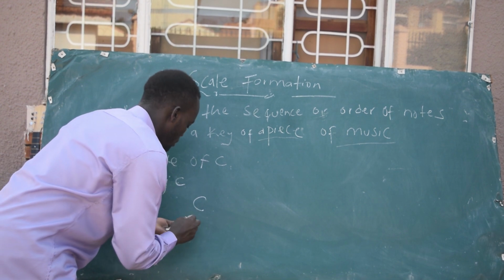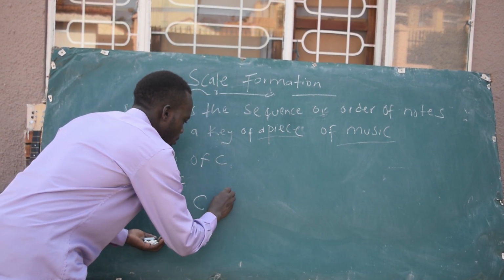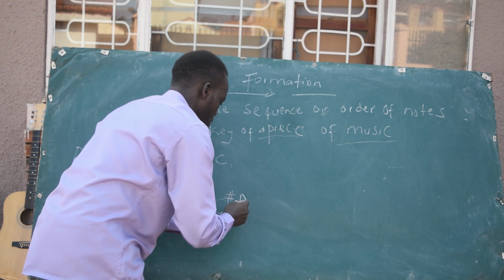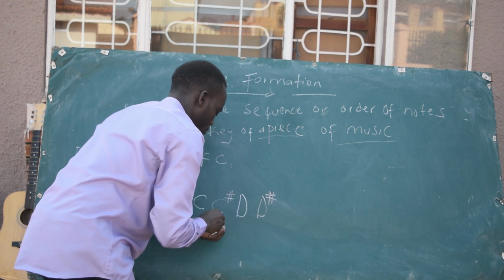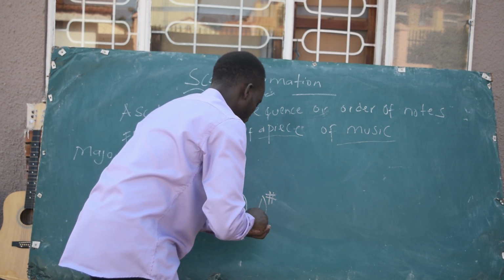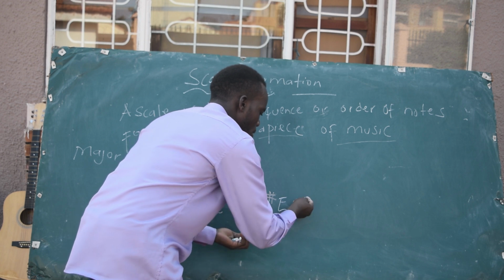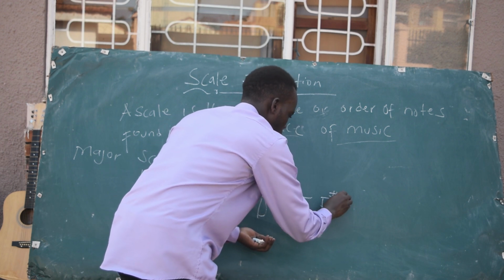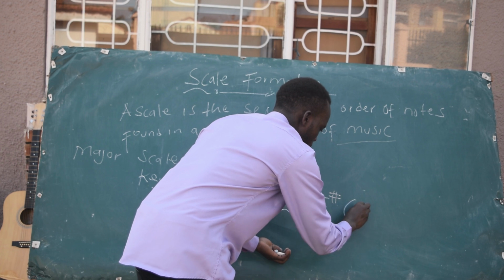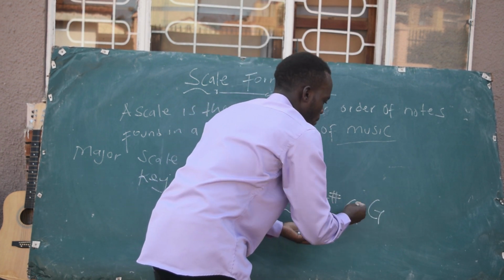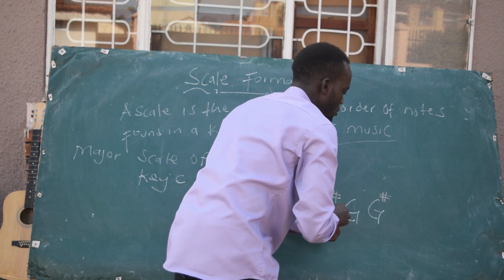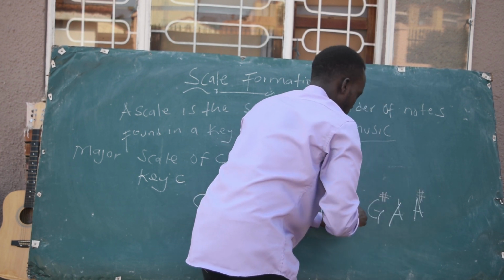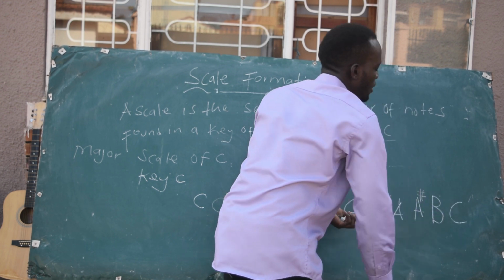We have C sharp, D, D sharp, we have E, then you go to F, F sharp, then you go to G, G sharp, then you go to A sharp, then you go to B. Finally, you go back to C.